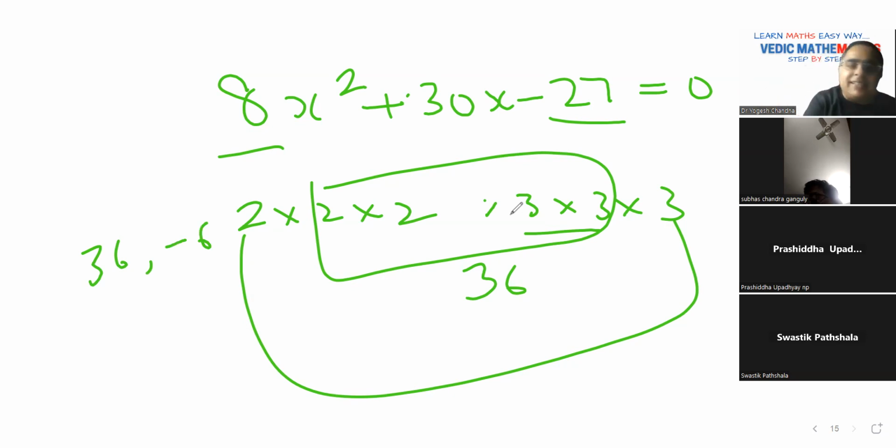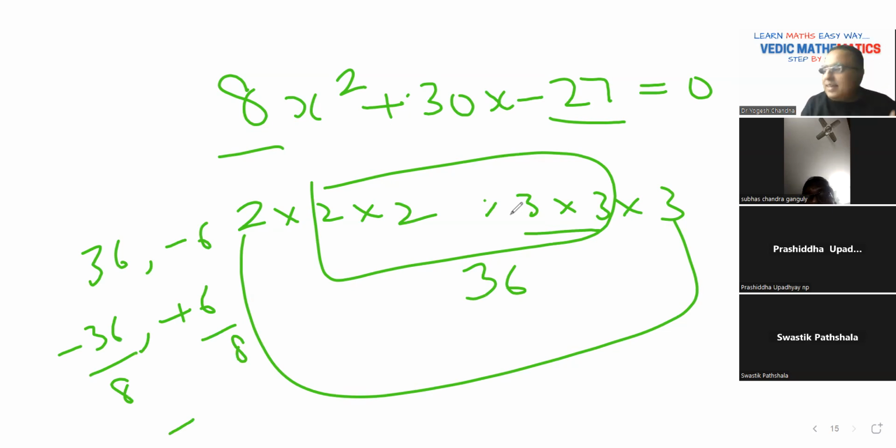So reversing the signs, minus 36 and plus 6 divided by that. So minus 36, if we divide by 4, minus 9 by 2, and here it is 3 by 4.